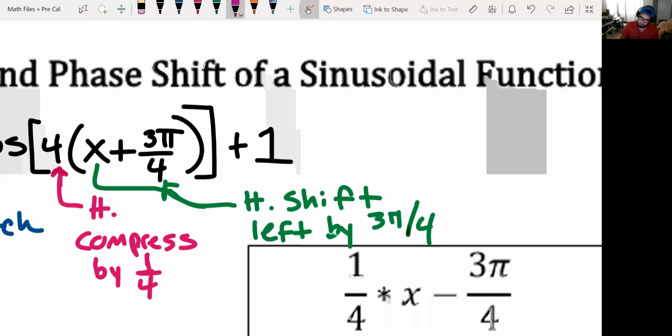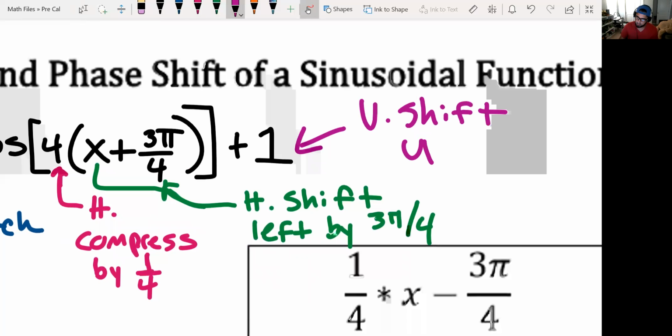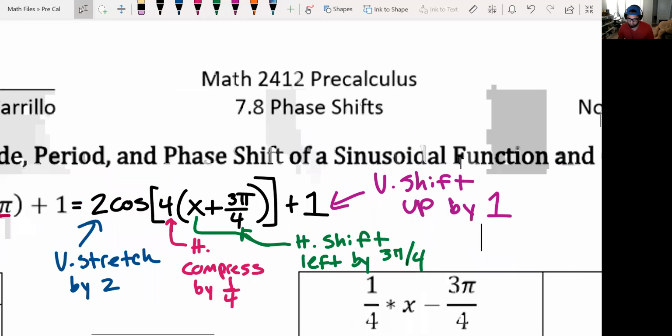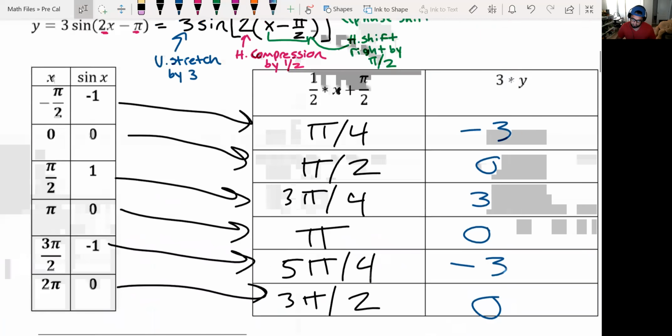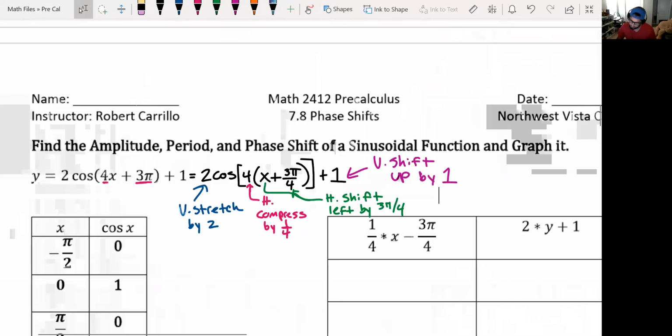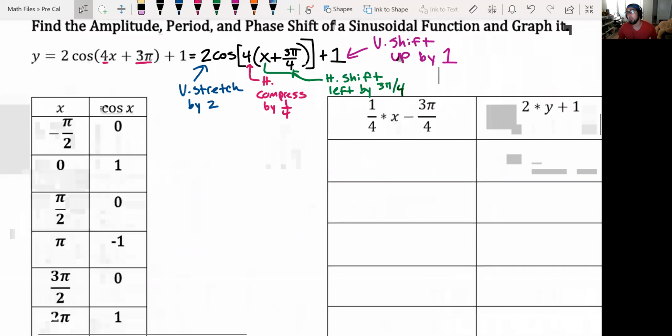And then the 1 is a vertical shift up by 1 unit. The other one was minus, right? Yes. Okay. So that's plus.